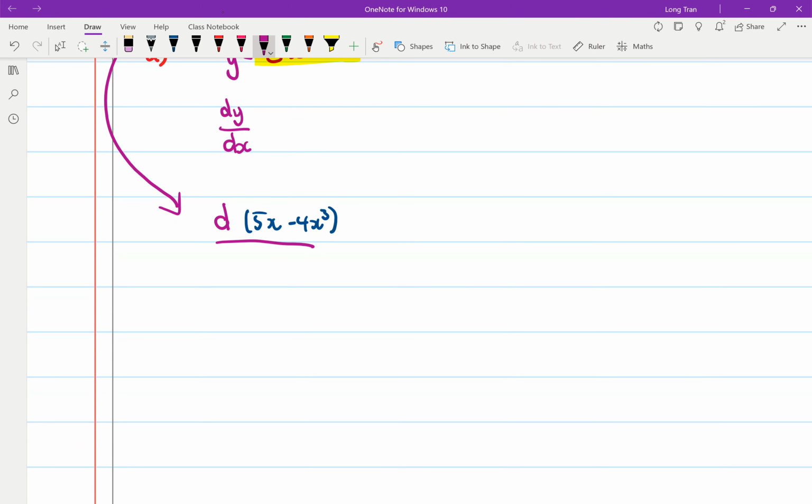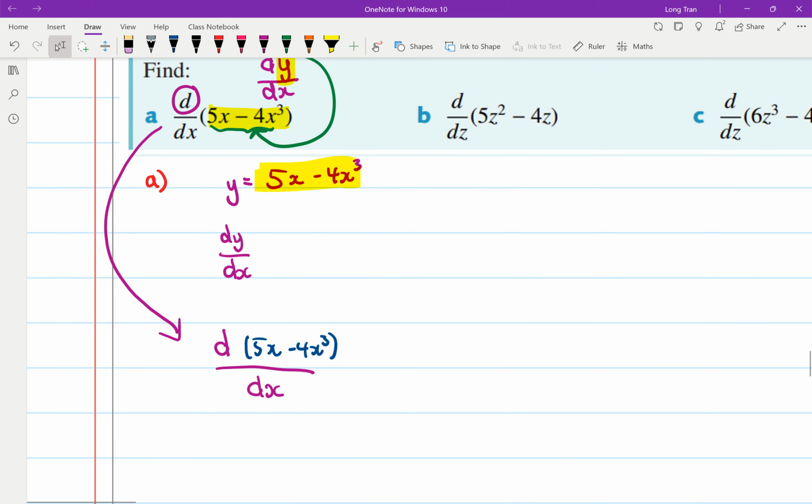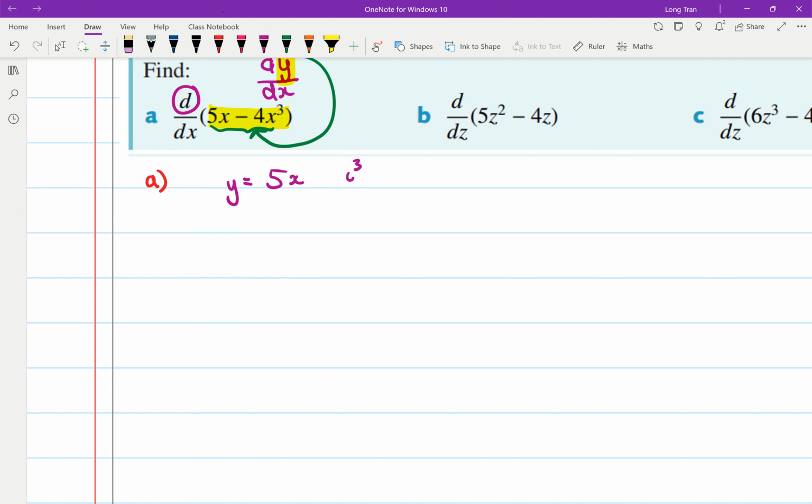So here, this is where you're saying delta x, and that's essentially just saying find the derivative if the function is y equals 5x minus 4x cubed. Okay, so answering the question, if we now understand what it's asking, essentially it's just telling you that y is equal to 5x minus 4x cubed.